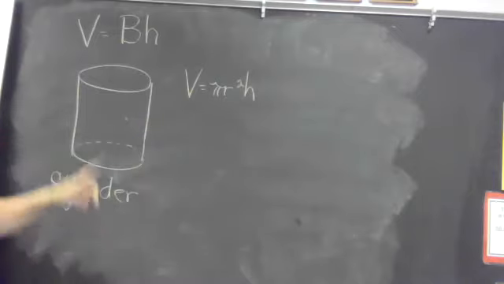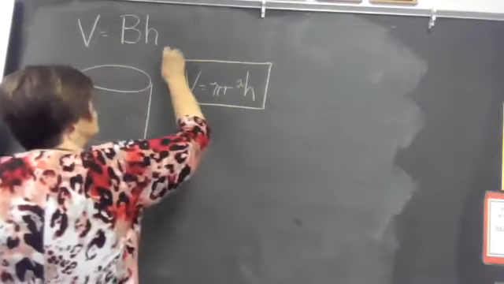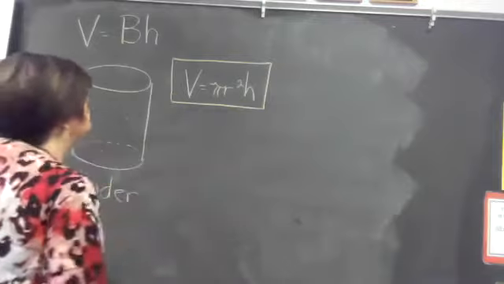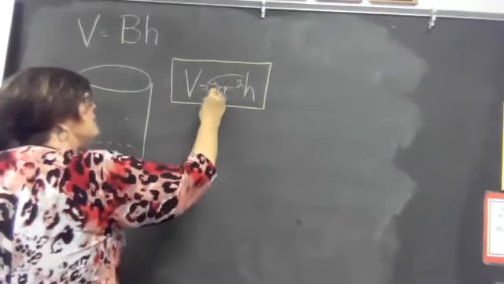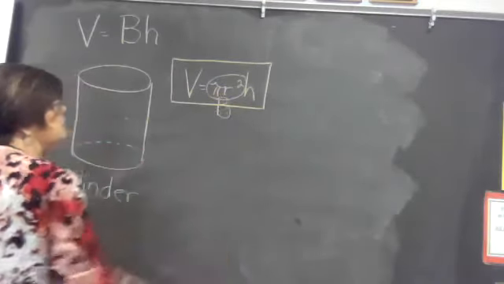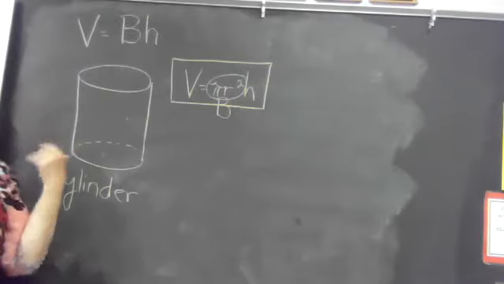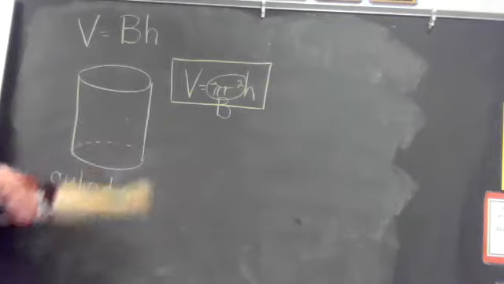This one is the one on your formula chart. If you don't remember this one, for some reason, this part of the formula is how you find big B. So they're actually the same. But use the one that's on the formula chart, okay?